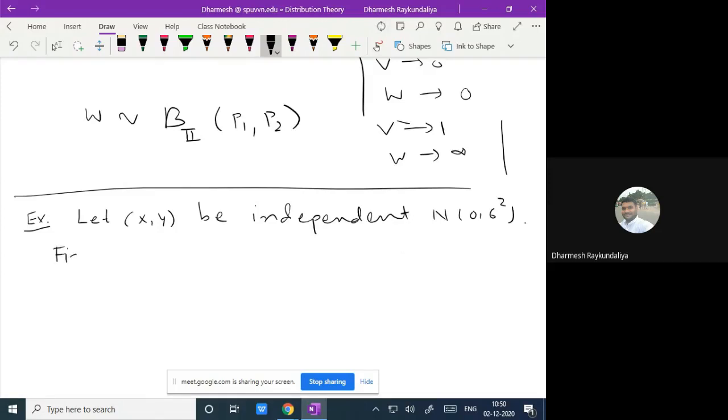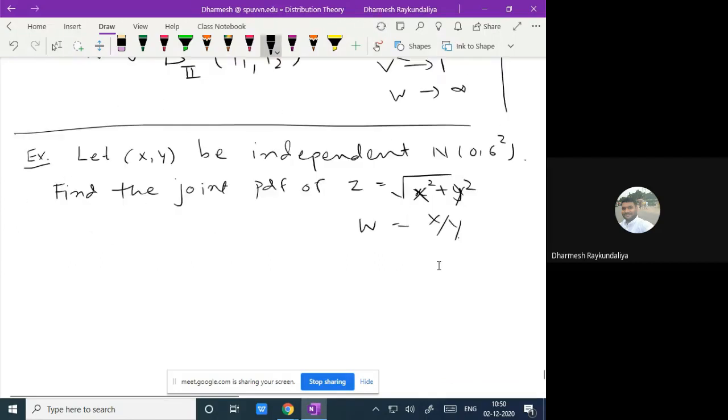Then they have asked the question, find the joint PDF of Z is equal to square root of X square plus Y square, and W is equal to X upon Y.